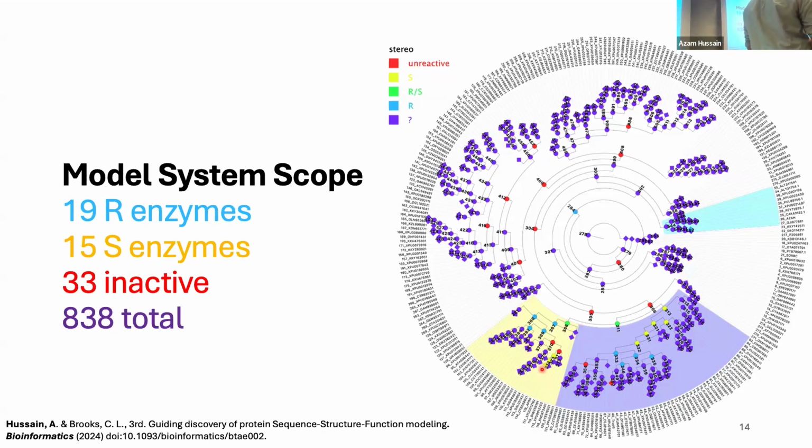And all these yellow dots mean these enzymes do S stereochemistry with the substrates that Chad tested. And because we can do ancestral sequence reconstruction, we can walk up and see what ancestor changed to make the other plate over here do R stereochemistry. So you can walk up the history, and these ones will carry mutations that try to explain why those sequences diverge. So that's why it's a great training set to try out.